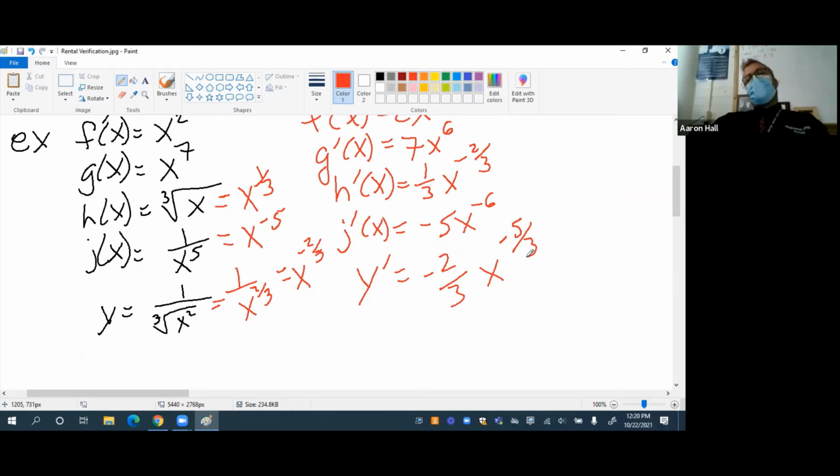Maya, what does the derivative function do? What's the point? Yeah, it tells us the slope for any value of x. The derivative function tells us the slope for any value of x. And the reason I keep on bothering you guys with this, it's like, why wouldn't we know this already?